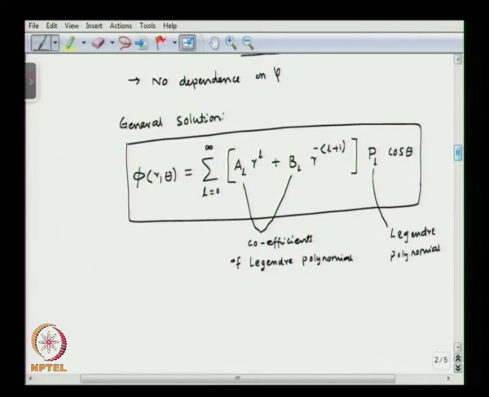Now these coefficients can be determined using the boundary conditions. So let us look at what are the boundary conditions that we use to evaluate the solution.